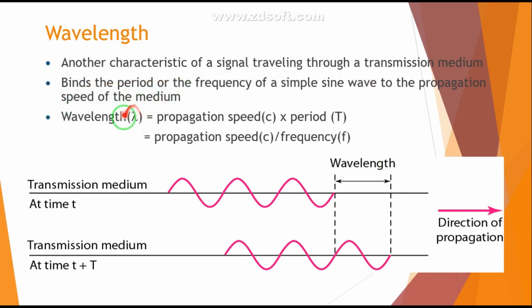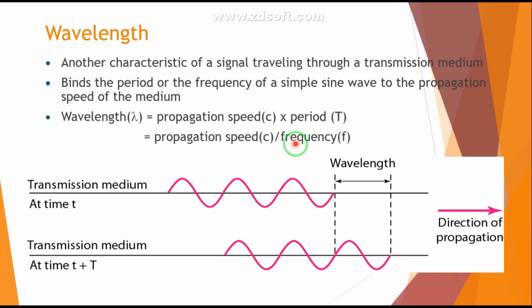Wavelength is denoted by lambda, and whose formula is equal to what? It is equal to the propagation speed, denoted by c, into period. Or period is equal to 1 upon f.